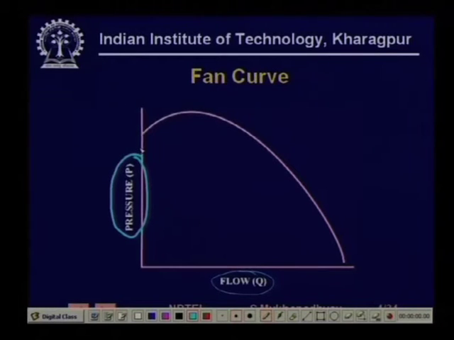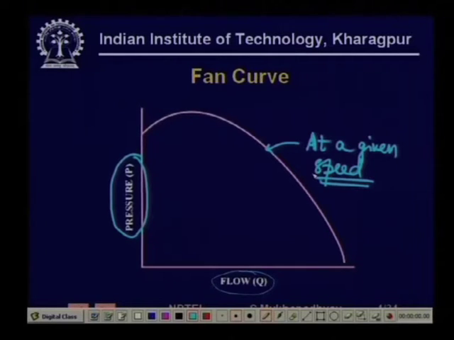So, it shows the pressure is somewhat like voltage and flow is somewhat like current. So, in that sense, since many of us are electrical engineers, this is somewhat like a VI characteristic of a battery or an energy source. And we must remember that this curve is drawn at a given speed of rotation.